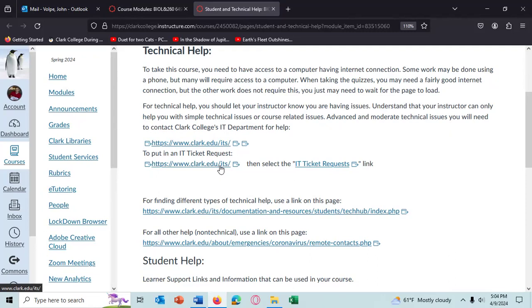Generally speaking, I have one student every other term for whom Respondus Lockdown browser does not work on their computer. And so far, everyone has always gotten it to work if they follow the directions that the computer help desk has given to them. They're experts at getting Respondus Lockdown browser working on your system, so you should contact them. You should let me know that you're having a difficult time.